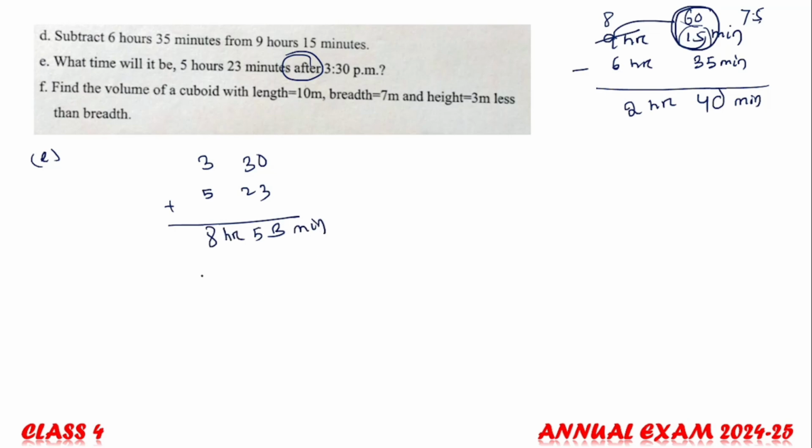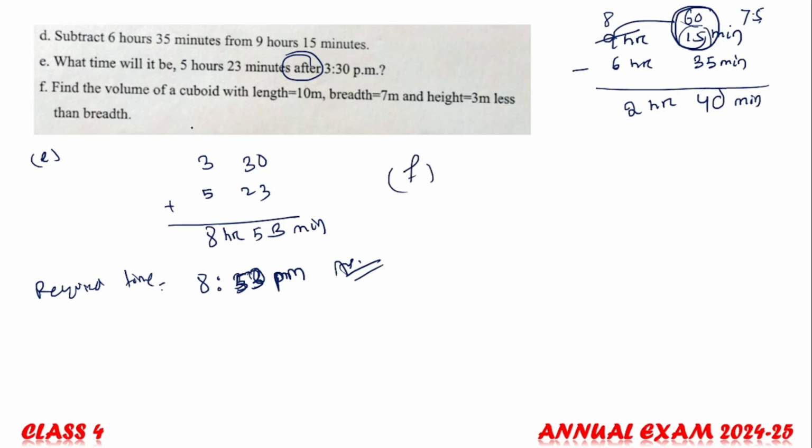Okay, so now we can write 8 colon 53 minutes, PM. Answer: the required time is equal to 8:53 PM.